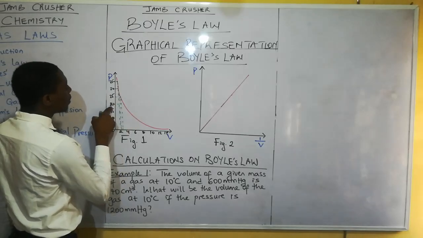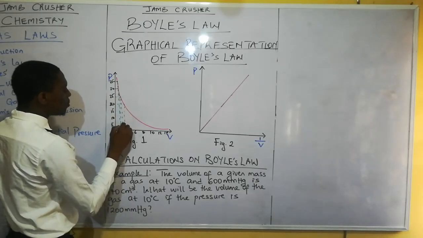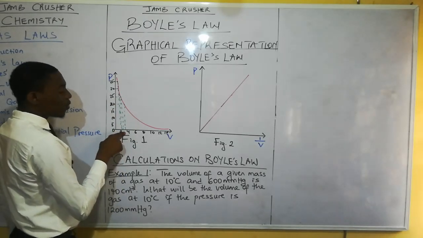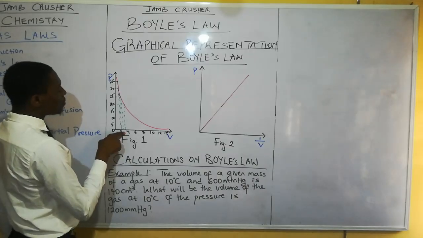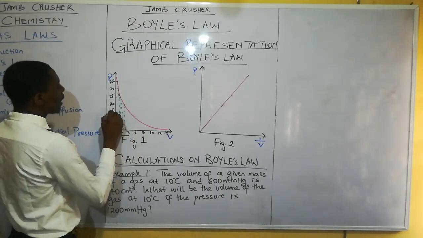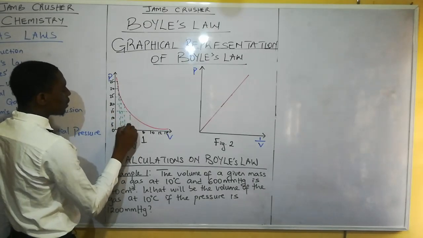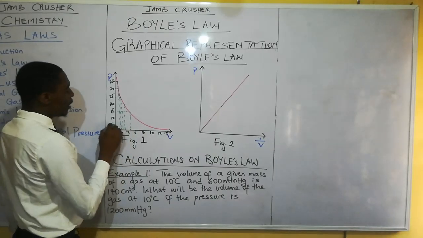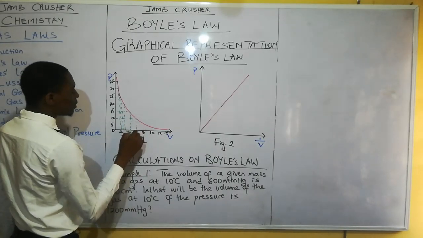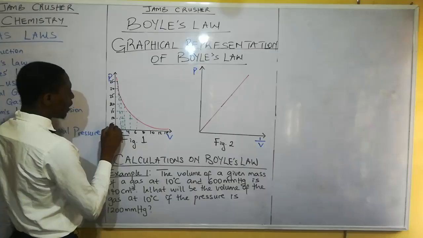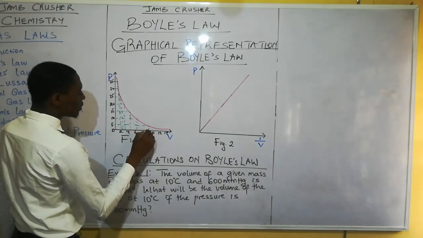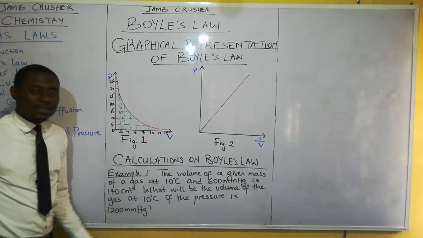At 20 millimeter of mercury, the volume is almost at 4 centimeter cube. At 15 mmHg, trace it down, the volume is above 4. At 10, the volume is around 6. At 5, the volume is around 10, almost 10 centimeter cube.